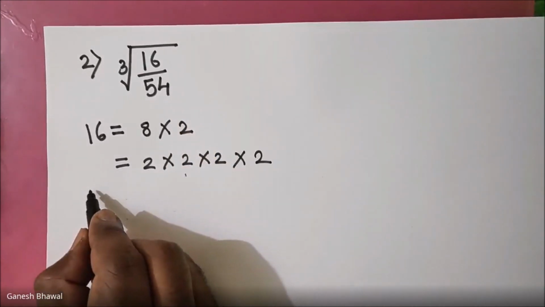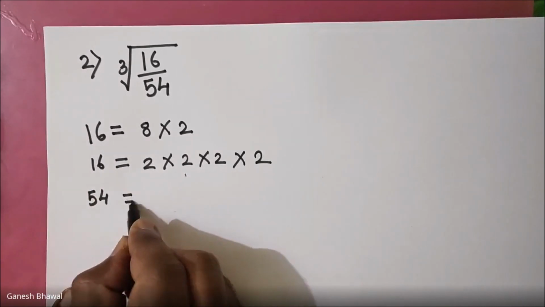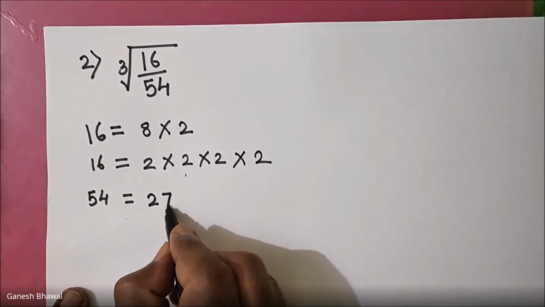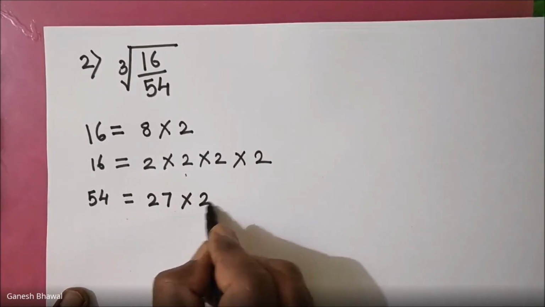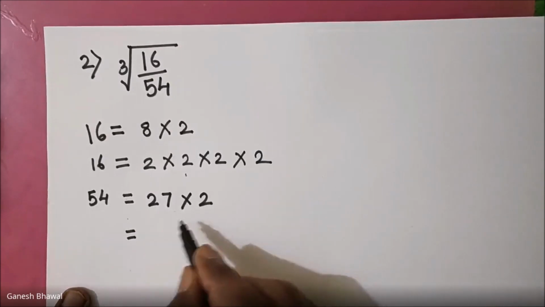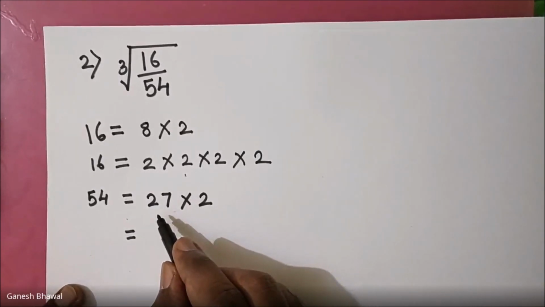Similarly, take 54. Factors of 54 are 27 into 2. 27 2s are 54. We know that 27 is the cube of 3.